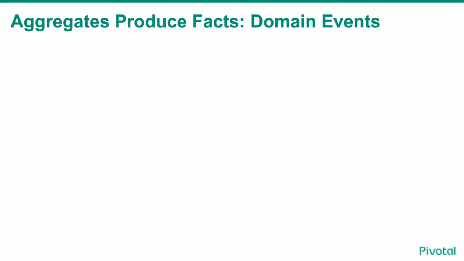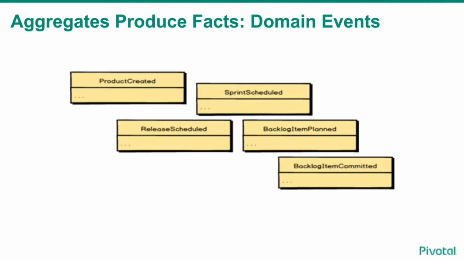Aggregates produce facts. These facts are known as domain events. An example of a domain event, as you see in the lower right part of this slide, is backlog item committed. When a backlog item is committed to a sprint, the backlog item publishes a backlog item committed event.